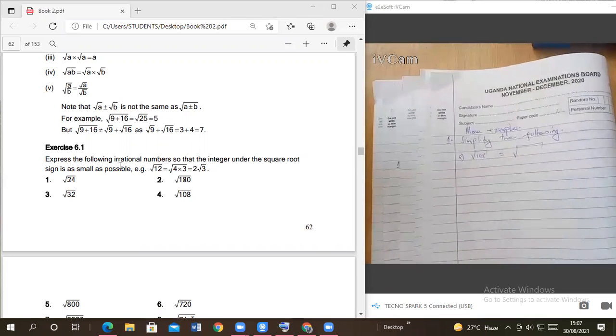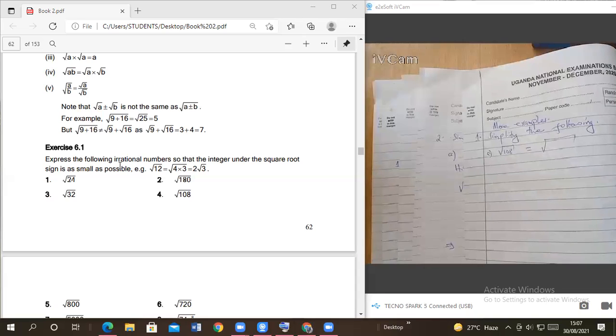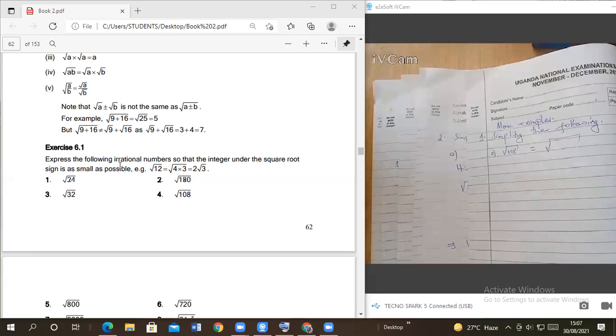I said when you are simplifying, you think of two numbers, because they are square roots. Think of two numbers that when you multiply give you that number, and one of the numbers must have a square root. So which number is that, if you multiply, gives you 108?